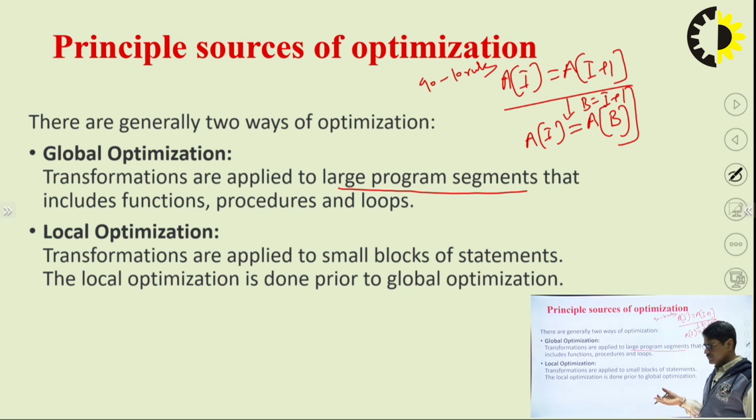Third is that the user implementation detail is hidden. Means the implementation details are hidden from the user, so that the user only executes that part where the code will not be affected.